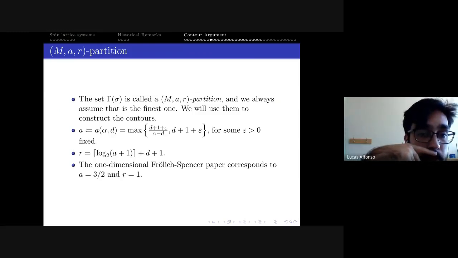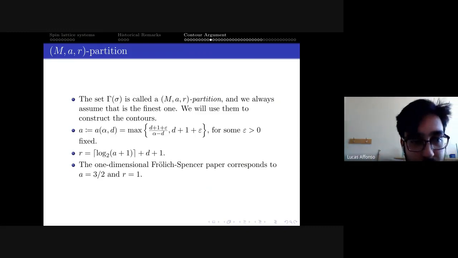So for instance, in our applications, we choose the constant a to be a max between b plus 1 plus epsilon over alpha minus d, or d plus 1 plus epsilon, for epsilon bigger than 0. And r is this constant that you're seeing now.